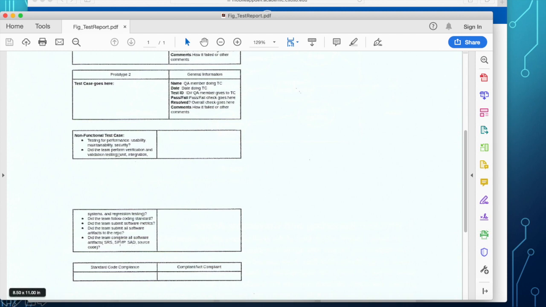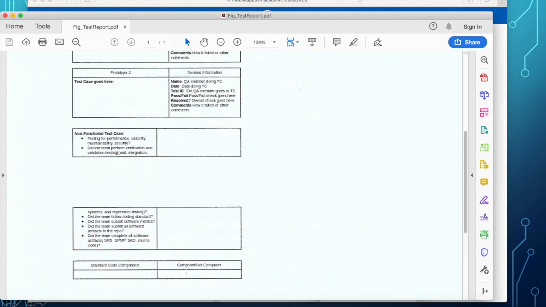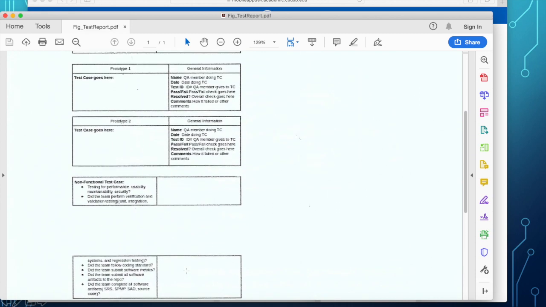Okay, so they will check that, and then of course what I said before, standard code compliance is written here. So those are the items they will review, and you should pass all of them.